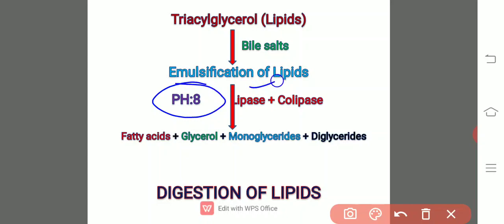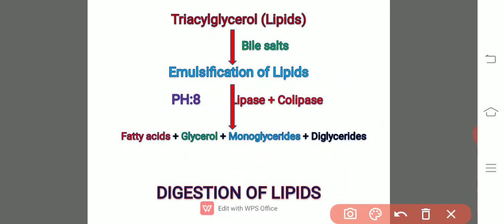Thereby the lipase and the colipase both act upon the emulsified lipids. Finally they degrade the lipids into fatty acids, glycerol, monoglycerides and diglycerides. This is the digestion of the lipids in the small intestine.